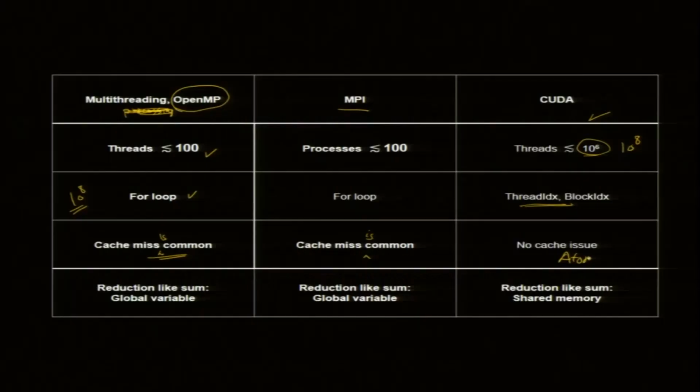This is one thing you need to be a bit careful about: many threads accessing the same location. So, a reduction variable like sum is a global variable, used when some local sum is added to the sum, and we did this for multi-threading, and that is where again we had this atomic issue.